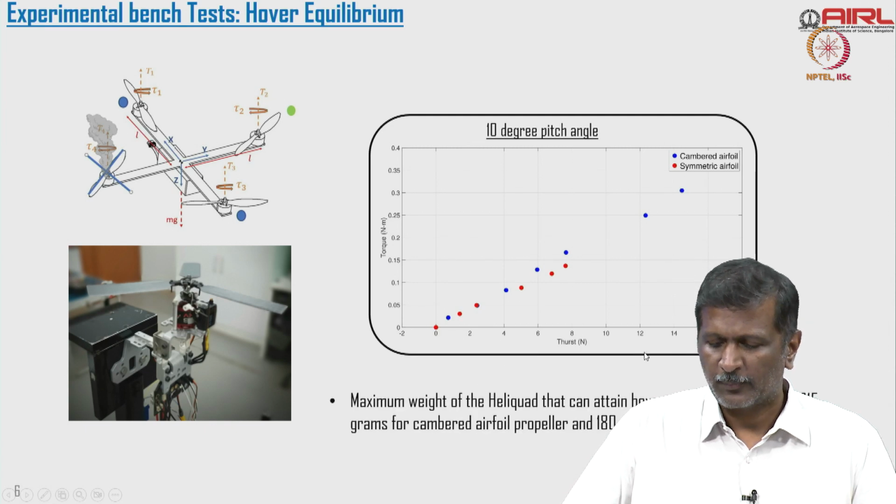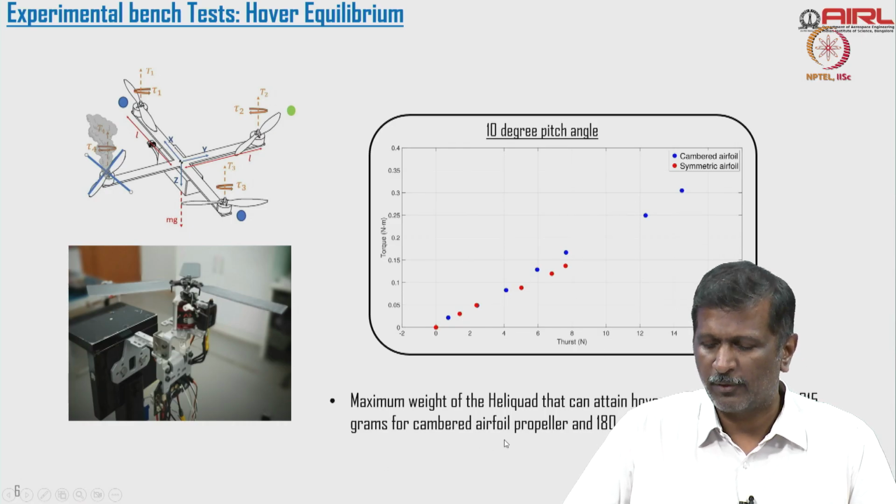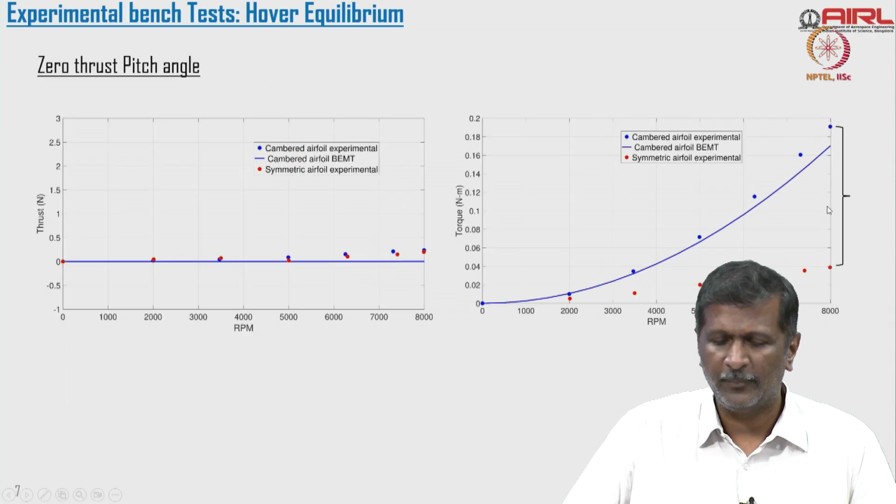Now based on whatever design we have done, we are looking at close to 815 gram. That's the maximum that I can achieve. 815 gram for a cambered aerofoil and 180 gram for a symmetrical propeller. So I'm looking at something to build with this system, right?